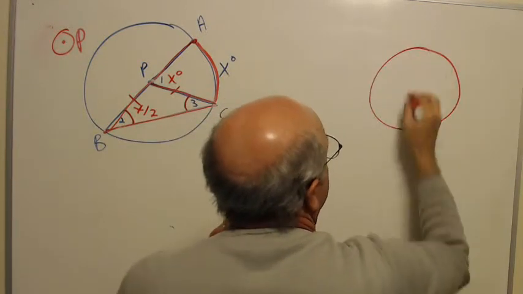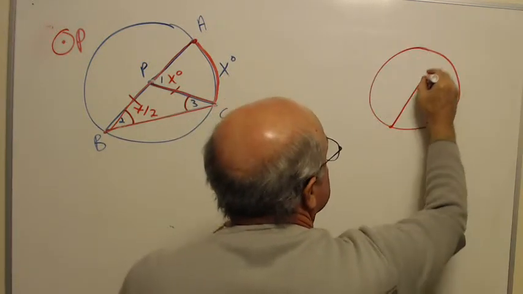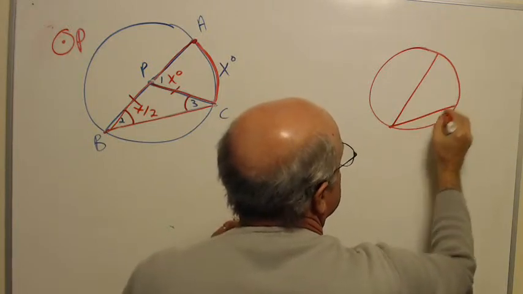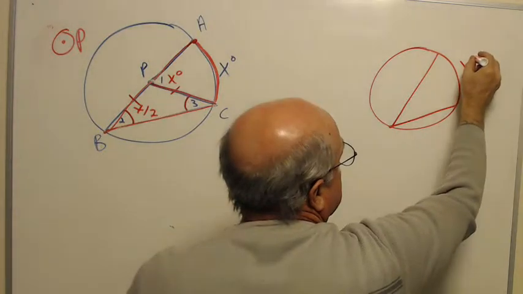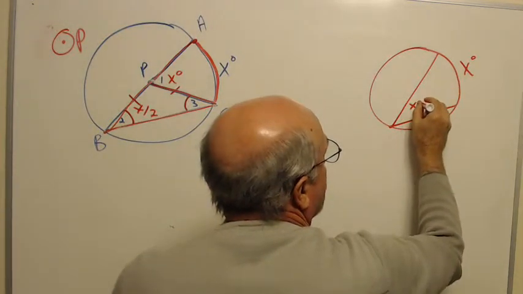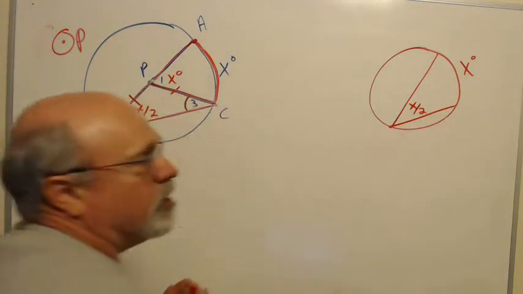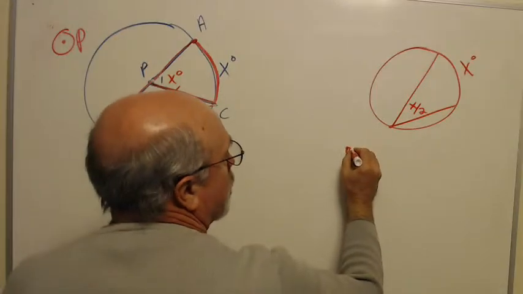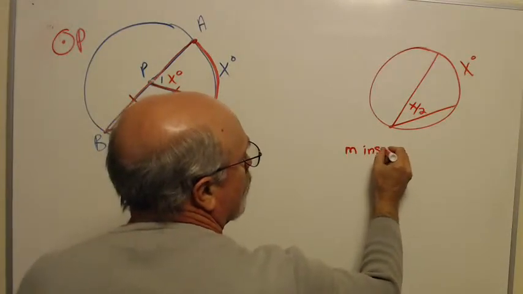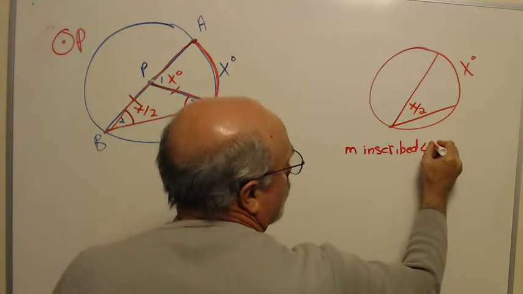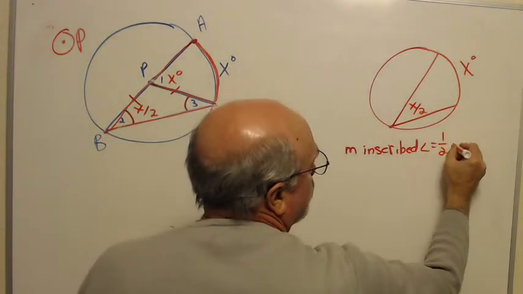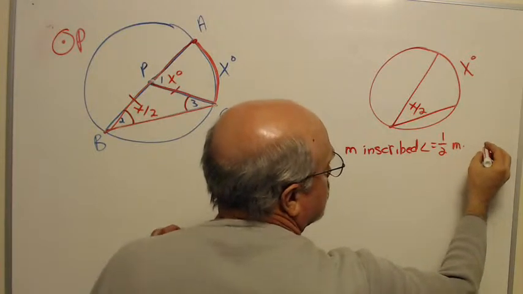In a circle, an inscribed angle looks like this guy, and however big the arc it intercepts is, the angle is half of it. So the measure of an inscribed angle is 1/2 the measure of the intercepted arc.